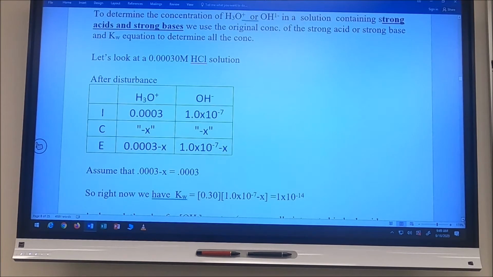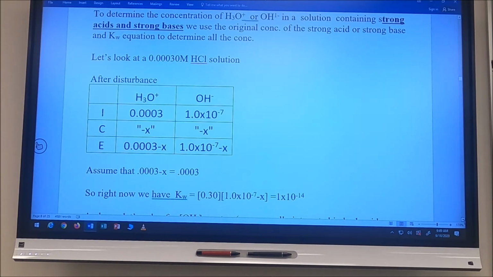So to determine the hydronium ion and hydroxide ion concentrations in a solution of a strong acid or strong base, we use the original concentration of the strong acid and strong base, and the Kw equation to determine the concentrations. So let's look at a really simple reaction here. Okay?